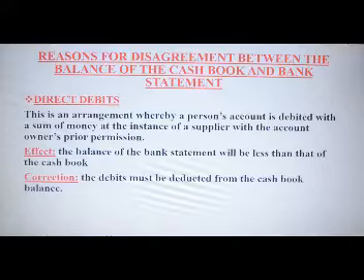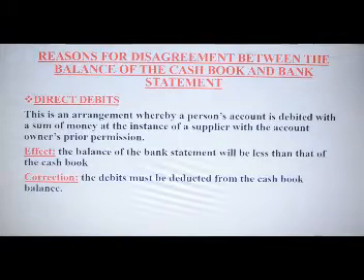Alright, we have direct debit. Now direct debit looks a bit similar to standing order. A direct debit is an arrangement made by a creditor, that is one whom the company owes money.